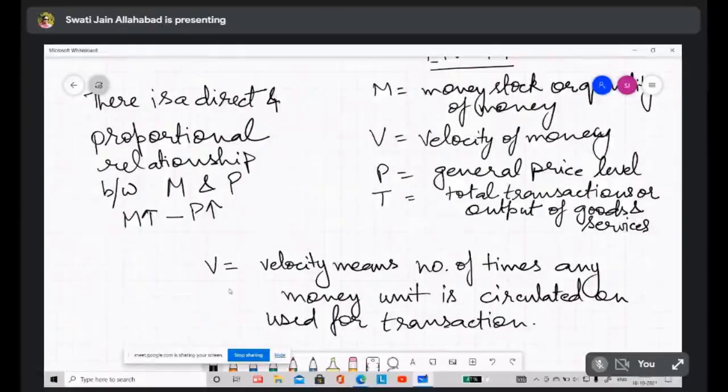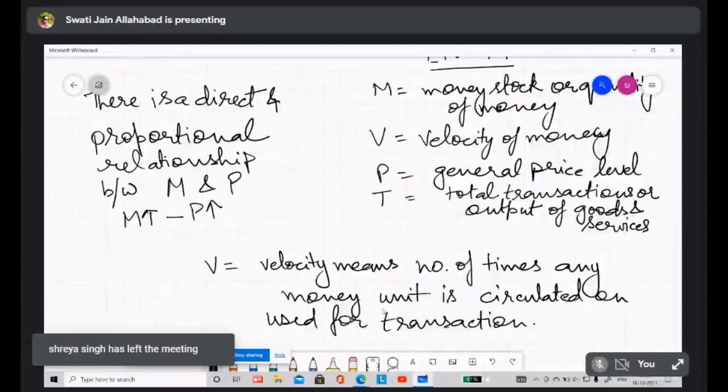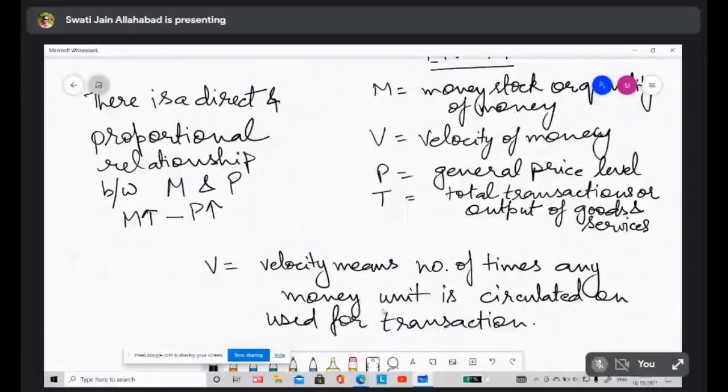This is the way you define velocity. Now, velocity means the number of times you are exchanging a particular money unit. Now, what do you mean by money unit? A particular note or coin or currency.